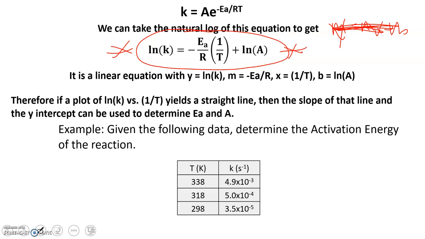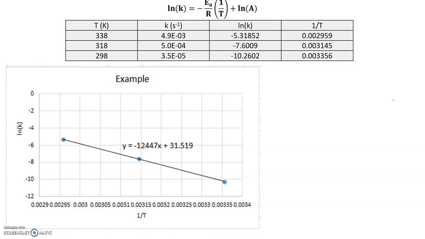And so if we look at this example, if I give you the following data, I have a bunch of temperatures and I have the rate constant for each of those temperatures. I can plot the natural log of k versus 1 over T and show you how you can use that information to figure out the activation energy of a reaction. So here's the data.